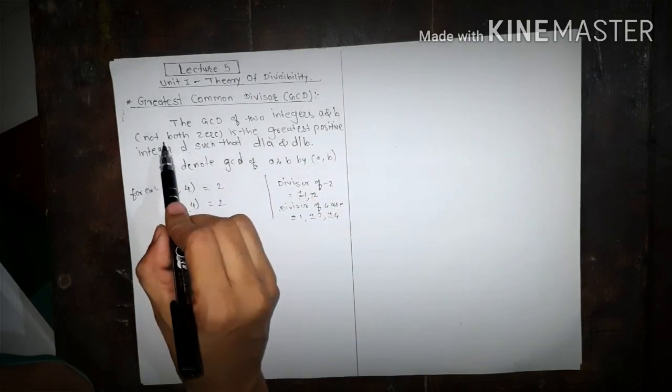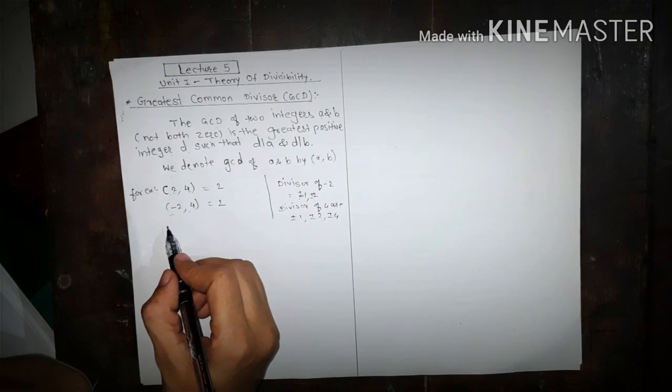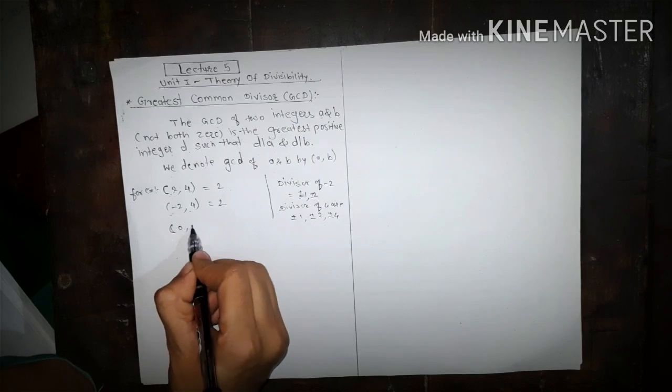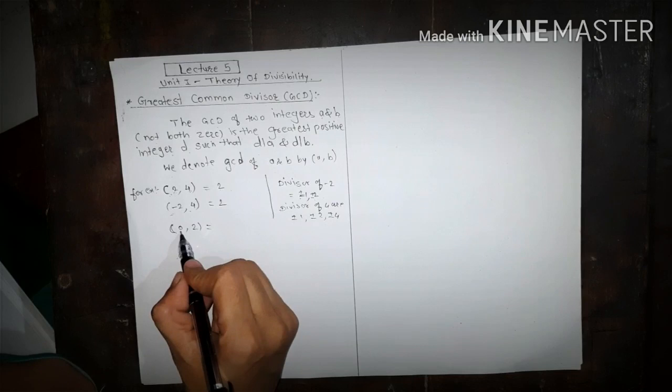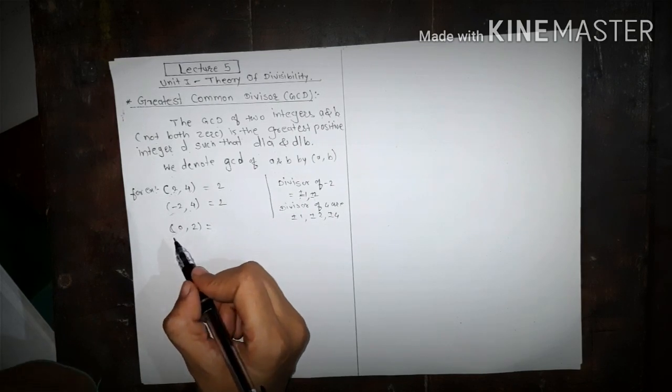Also the definition says not both 0. That is, at least one of them is not 0. So if we take the GCD of 0, 2, what is it? We know that 0 is divisible by every number.